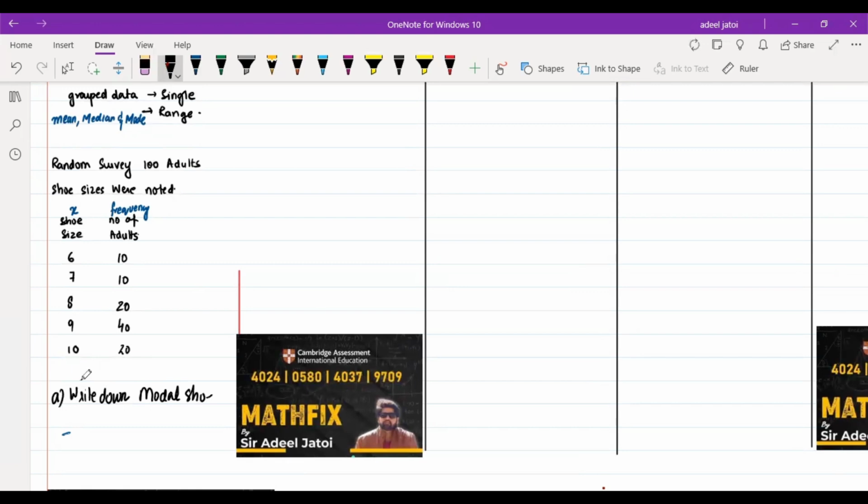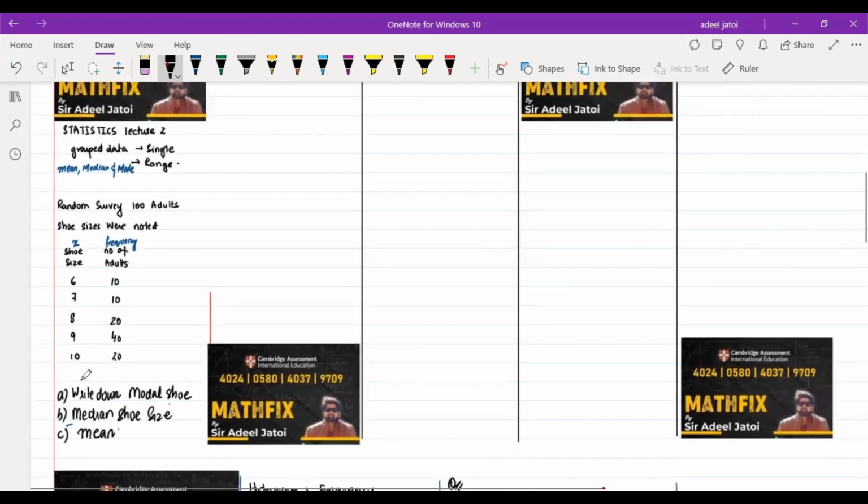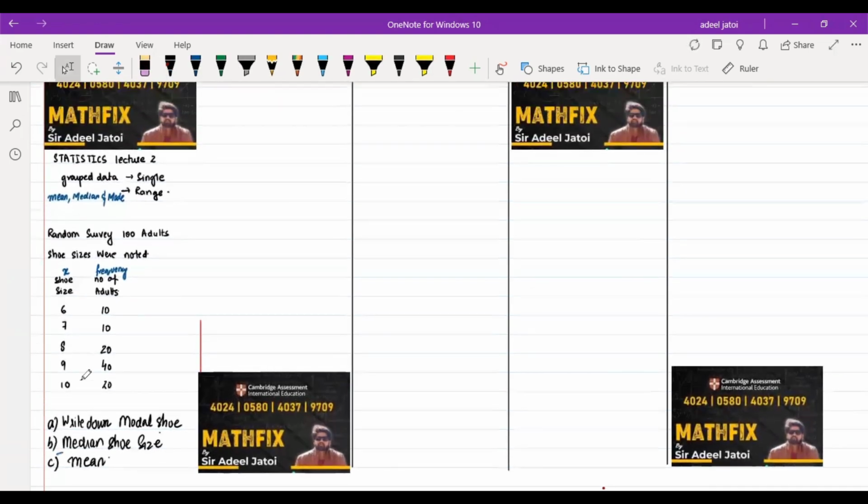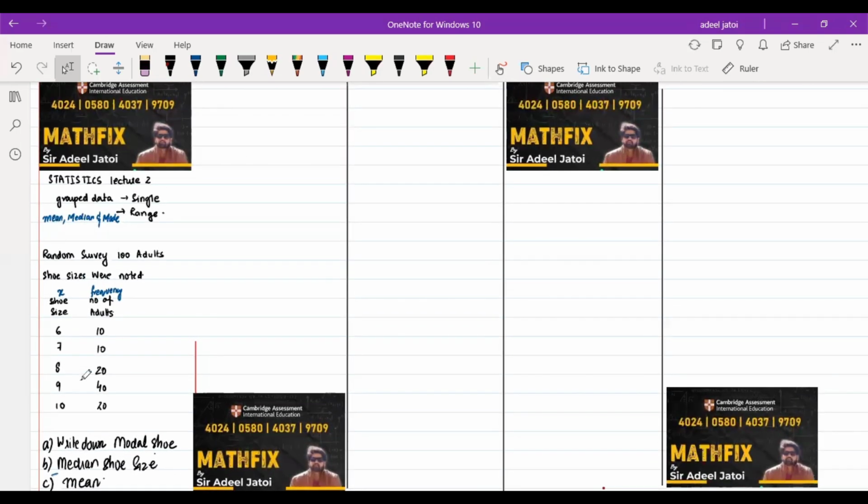Part B will say median shoe size, and part C will ask you to calculate the mean.